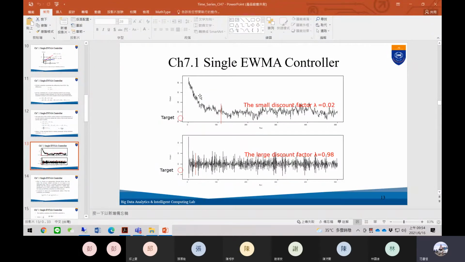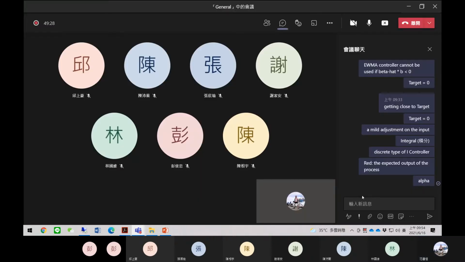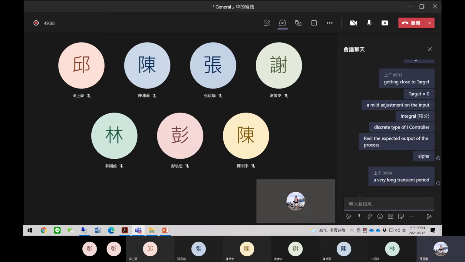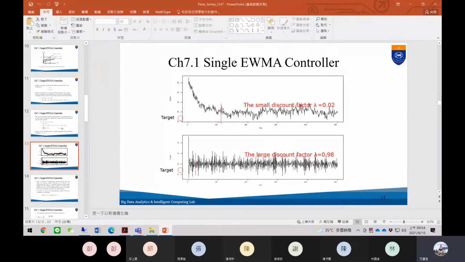So this is a long transient period, a very long change. That means it is damping for a while, really a long time to get close to the target.